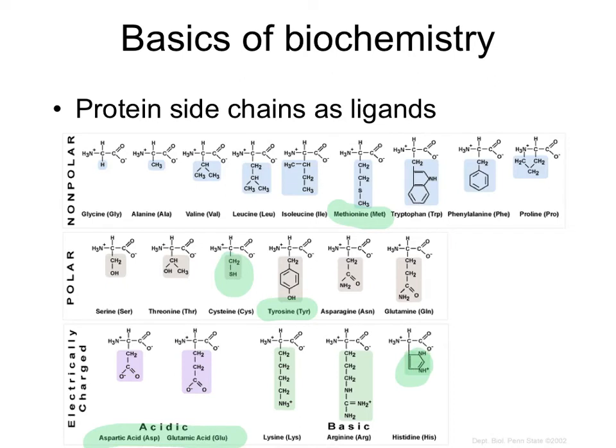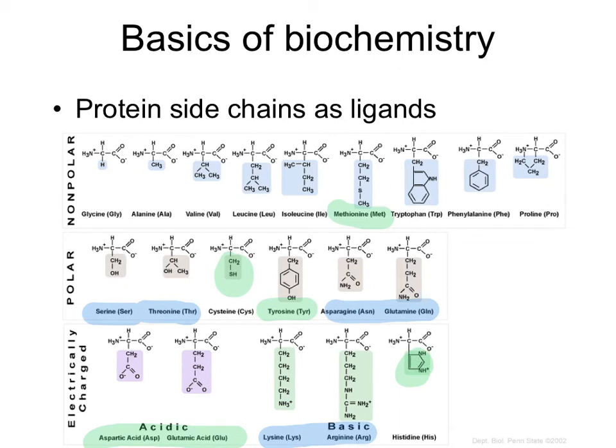You could also certainly imagine binding to threonine, which has an oxygen, serine, which has an oxygen, asparagine and glutamine, which have heteroatoms that could bind to a metal, or even arginine and lysine, which have heteroatoms. But in general, cysteine and histidine are the most common ligands for transition elements in a biological system.